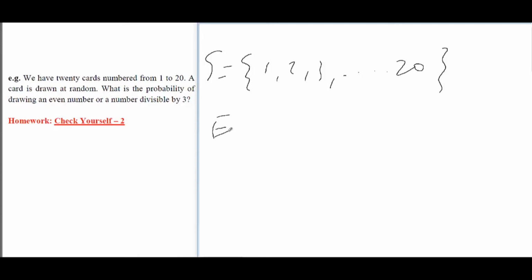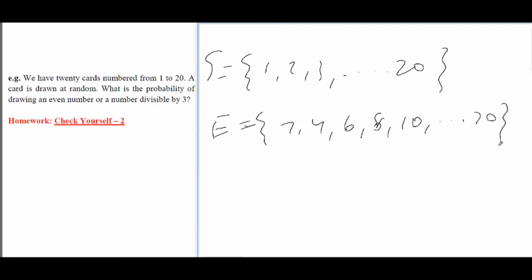So first of all, let's write the sample space. The sample space is 1, 2, 3 up to 20, all integers up to 20. So the number of elements in the sample space is 20, and the even numbers between 1 and 20 are 2, 4, 6, 8, 10, and so on up to 20.